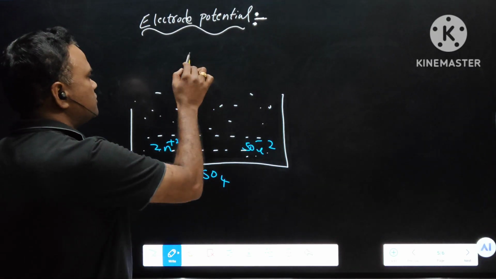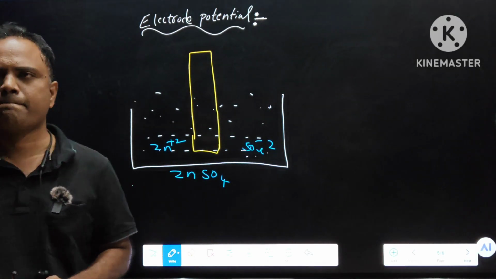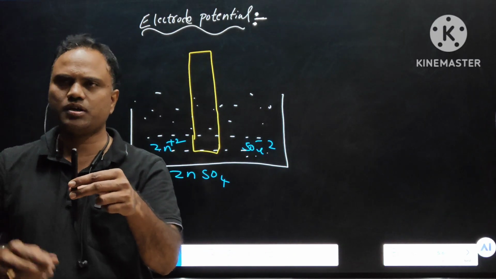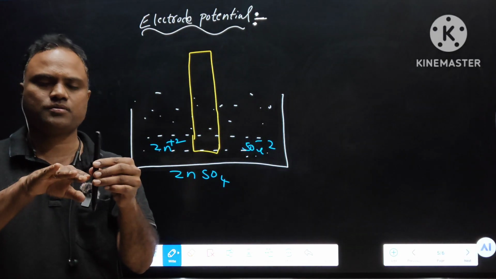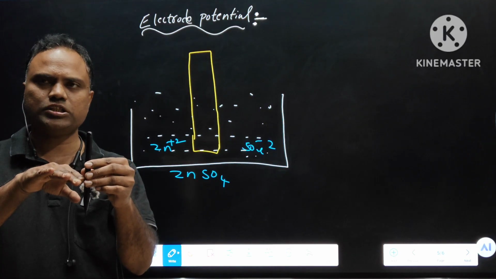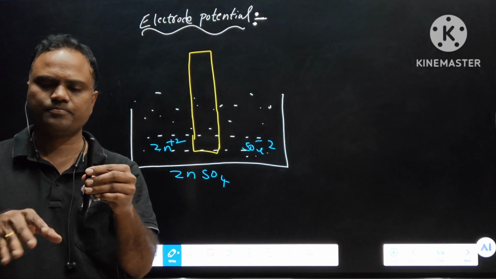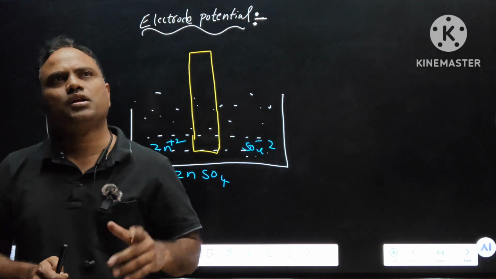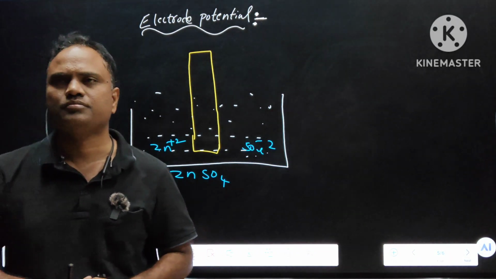Now place a zinc rod in this. When we place the zinc rod, surface zinc atoms are converted into zinc ions and released into the solution as Zn2+. That is the tendency of zinc metal.